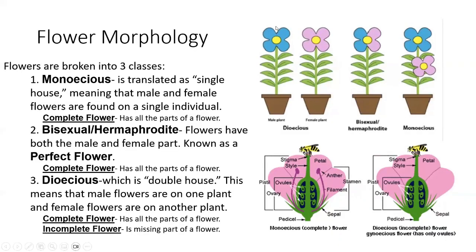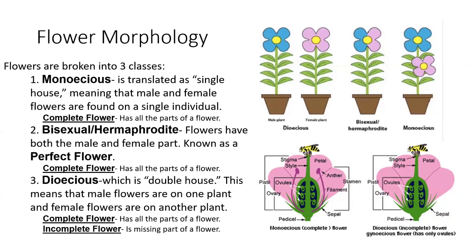All right, I'm going to move a little bit faster because I know time is short. Flowers are broken into 3 classes. Monoecious. Monoecious means a single house, meaning that male and female flowers are on a single individual plant.